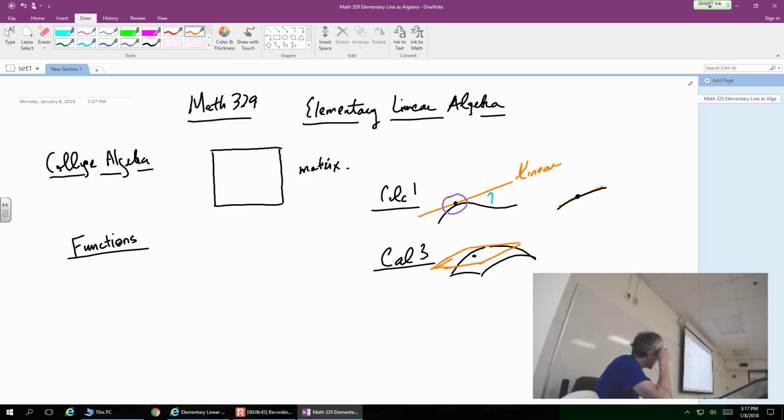That's why you don't really have a lot of choice as to whether to study linear algebra if you care about calculus, because you're going to have to deal with the high-dimensional idea of linearity.